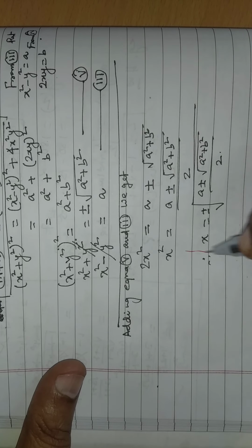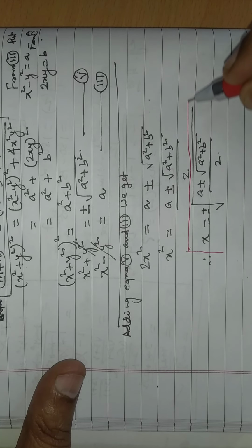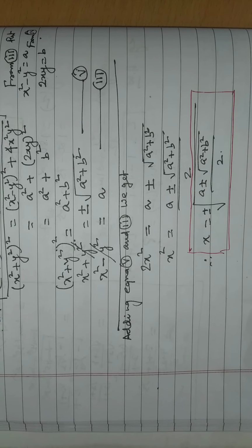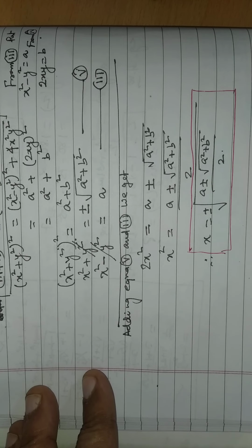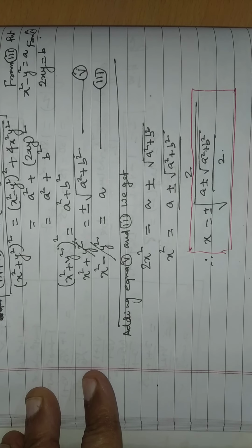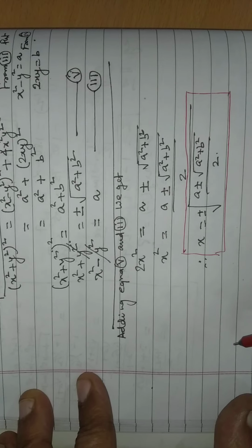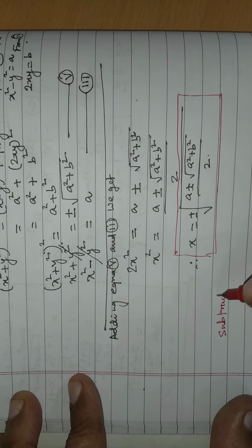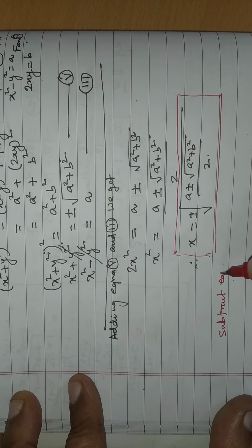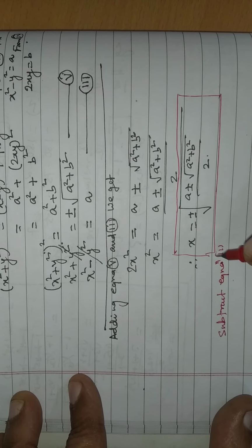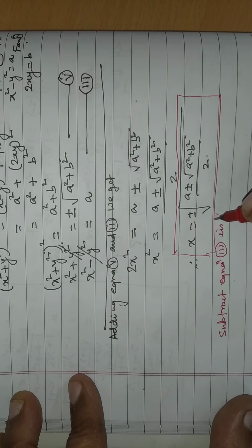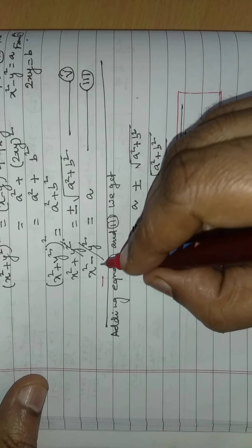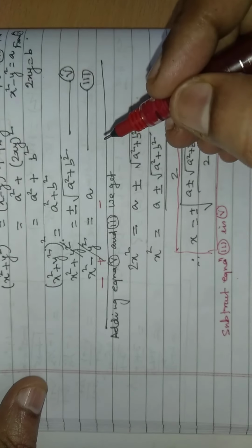Now this is the equation from which we can find out the value of x. Now if we subtract equation 3 from equation 5, then what we get here is negative, here will be positive, here is negative.